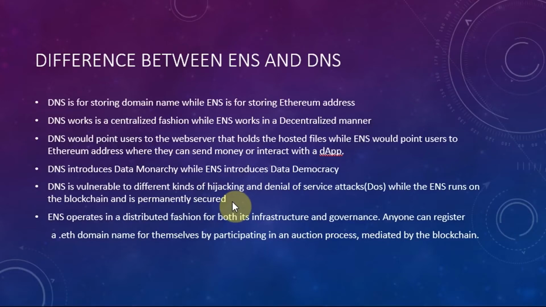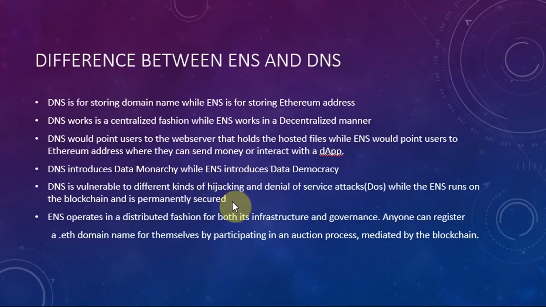We know that the DNS is like an address book on the internet that stores a list of all domain names, while the ENS is like an address book that stores all Ethereum addresses on the blockchain, in which both concepts can be easily read through a readable format that humans can understand, and also through a format that computers can understand.